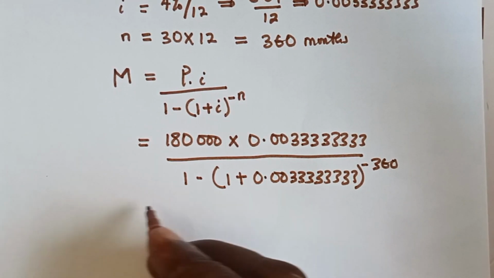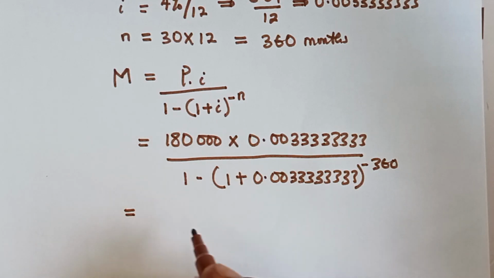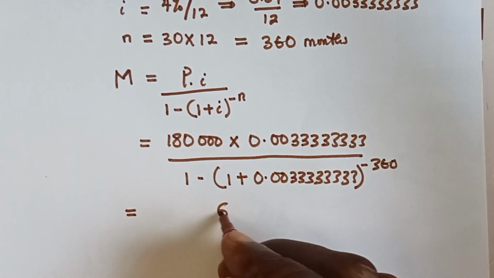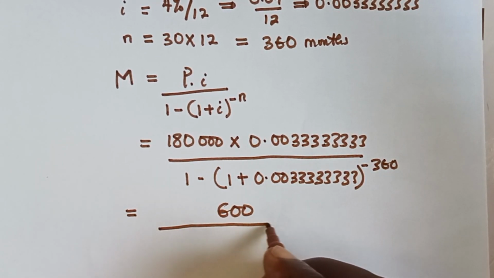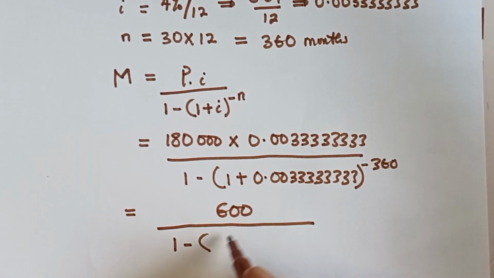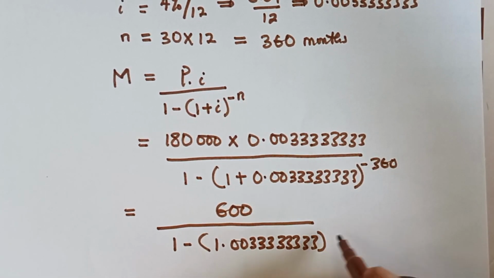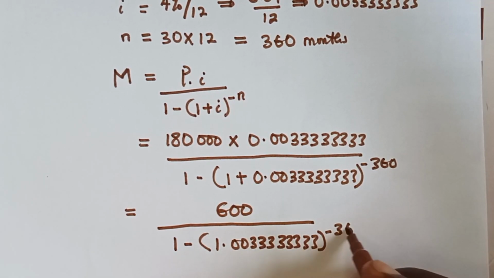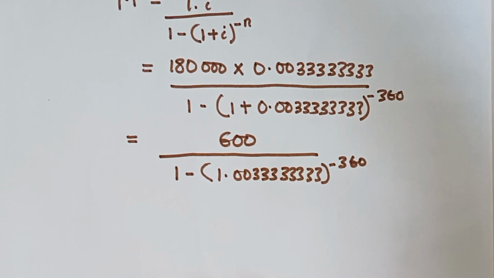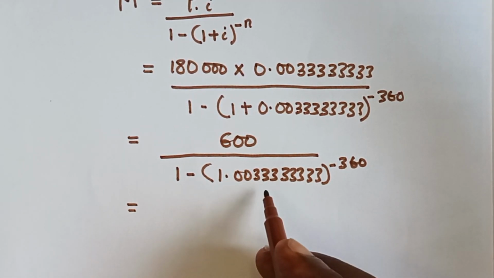Now 180,000 times this will give us 600. So that gives 600 over 1 minus, 1 plus this, which gives 1.003333333 raised to power minus 360.